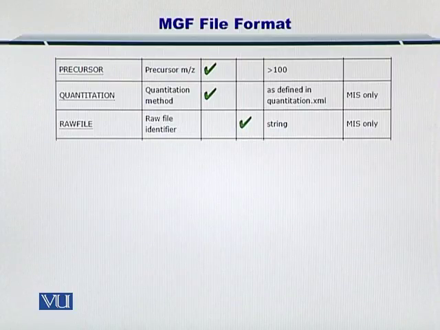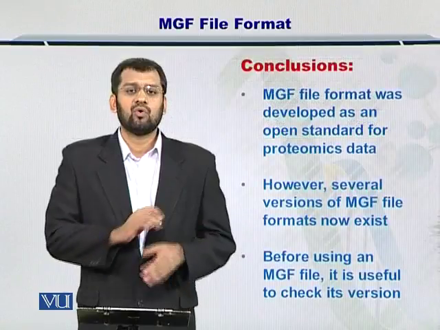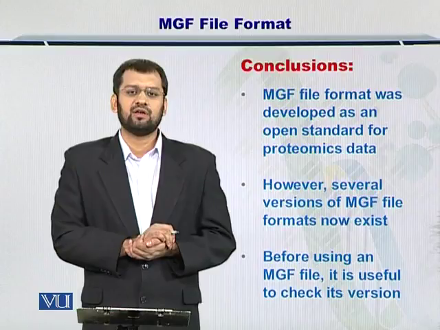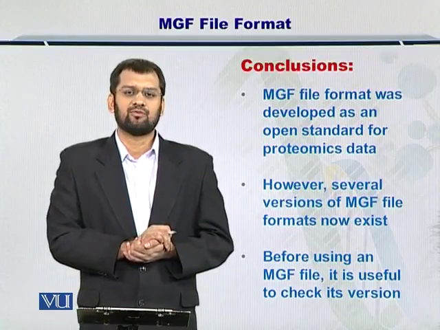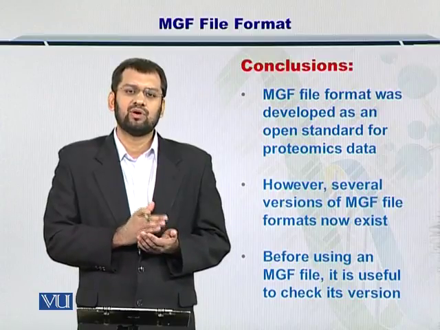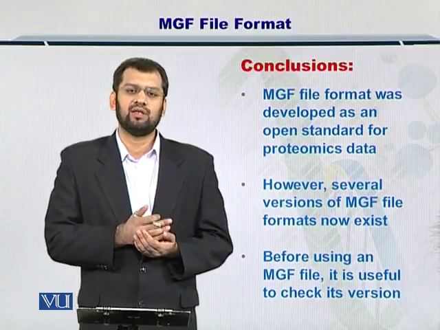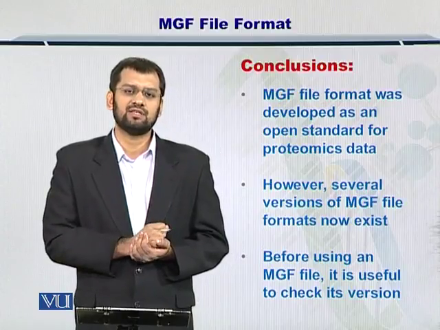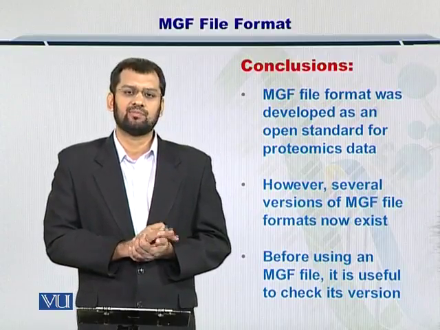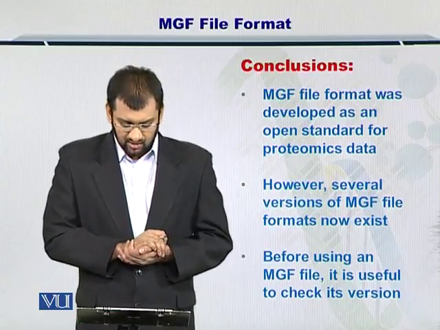You can also look at the quantitation data by looking at the relative abundances. And then there is the raw file identifier, which tells you the raw file format. All of this data is there in your MGF file, that is the Mascot Generic Format file, and you can link this MGF file with any search engine and search your mass spectrometry data.